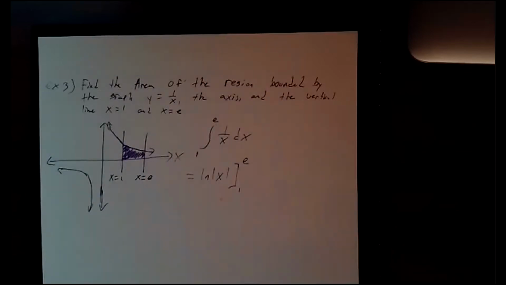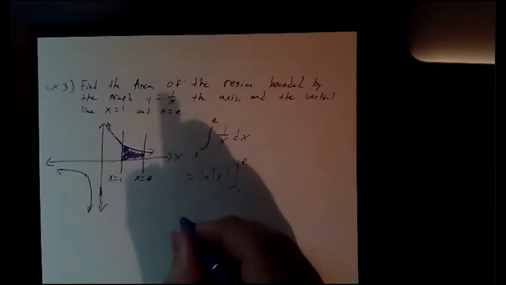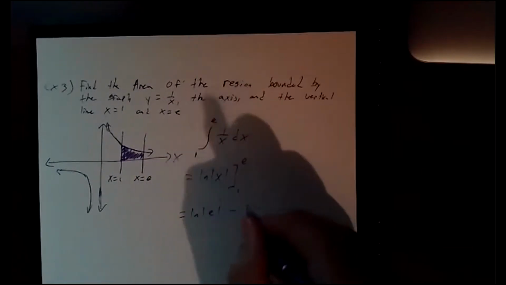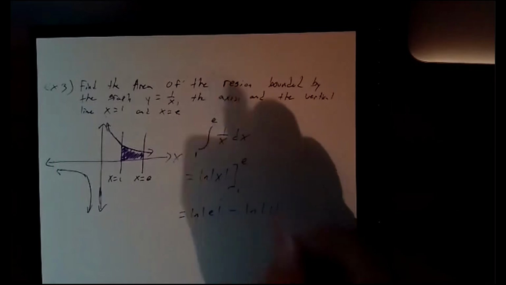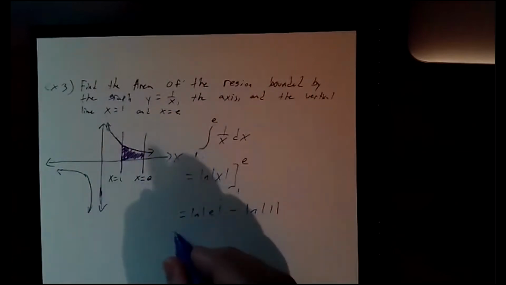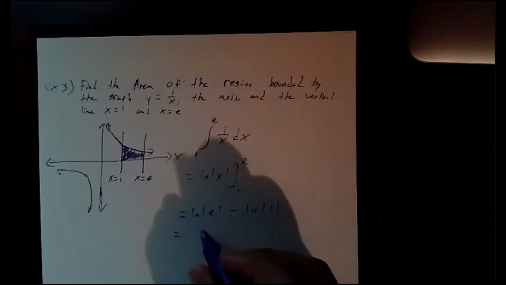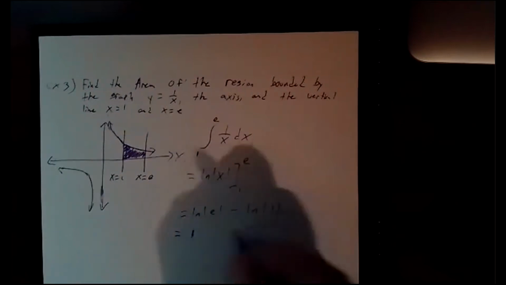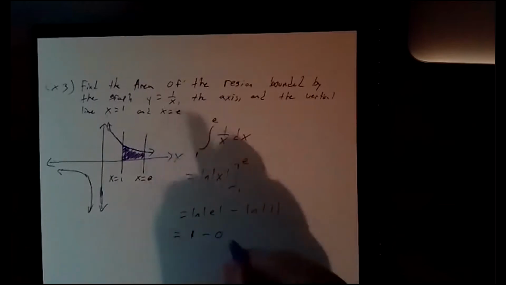So plug in ln e minus ln 1. ln of e will cancel out, leaving me with 1. This will be 0.